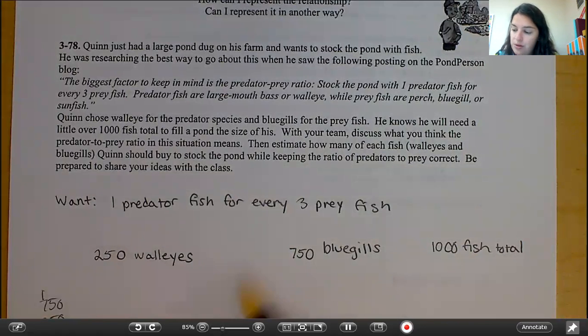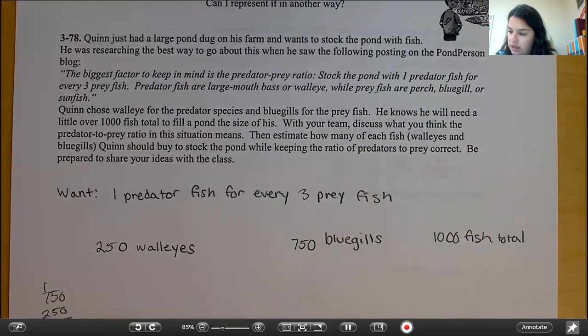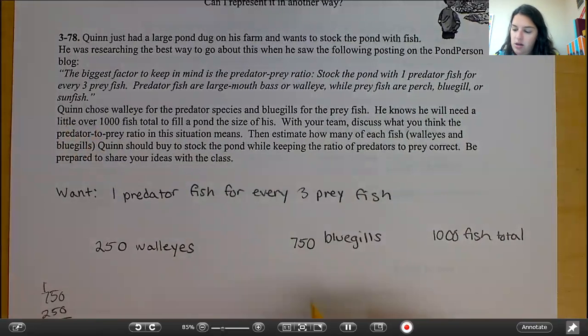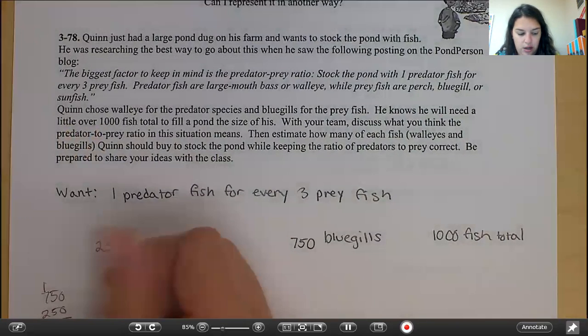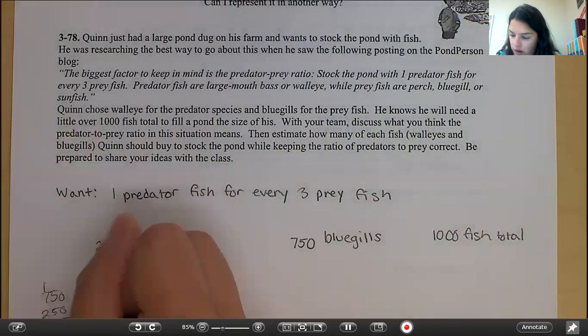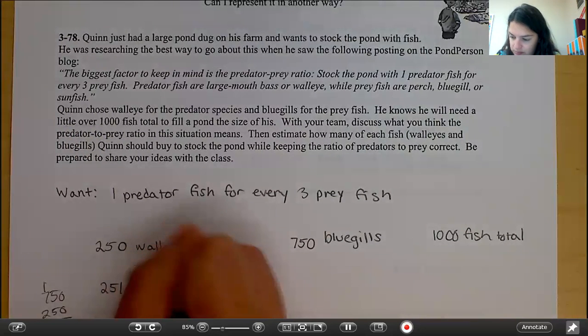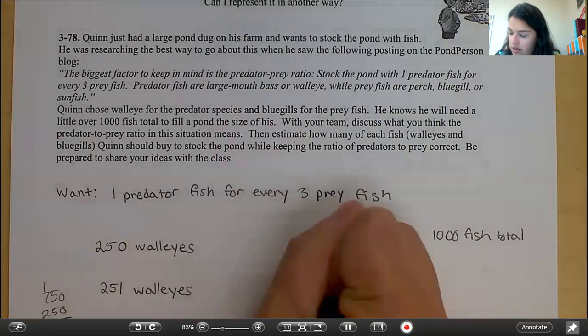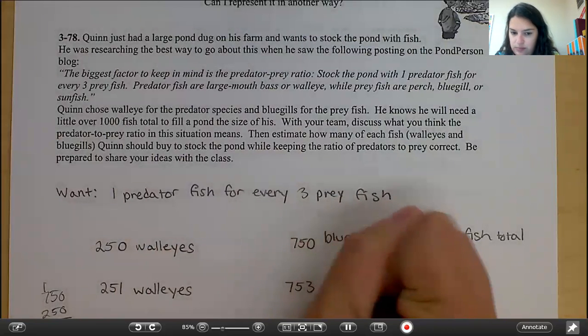But more than 1,000 are needed. So if you had to have more than 1,000, because it says a little over 1,000, you would have needed 251 walleyes and 753 bluegills.